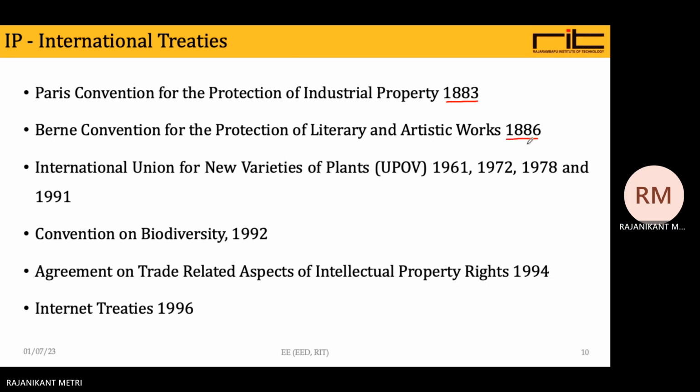Then the International Union for the Protection of New Varieties of Plants was done in 1961, subsequently in 72, 78 and 91. Then the Convention on Biodiversity in 1992, the Agreement on Trade Related Aspects of Intellectual Property Rights in 94, and the Internet Treaties in 96.